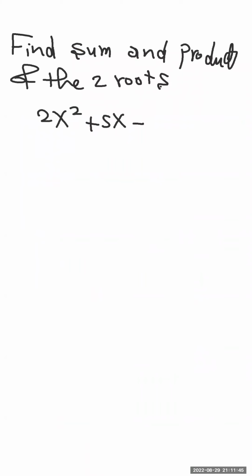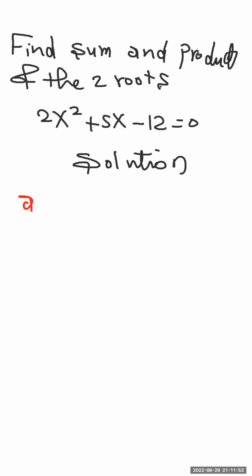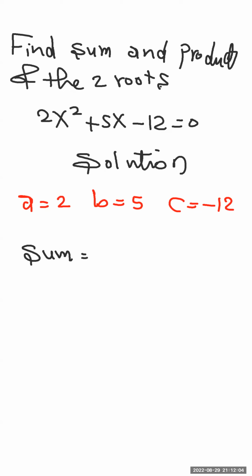Okay, solution. Now to solve this equation, a equals 2, b equals 5, c equals negative 12. The rule of the sum, we said that the sum of the two roots will equal negative b over a, so the sum will equal negative 5 over 2.